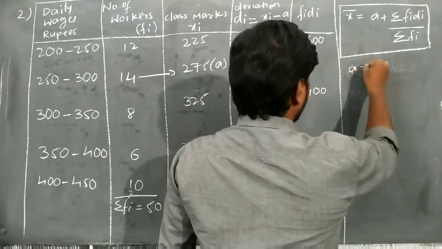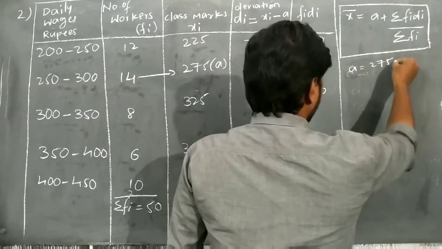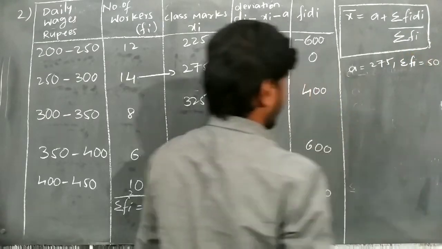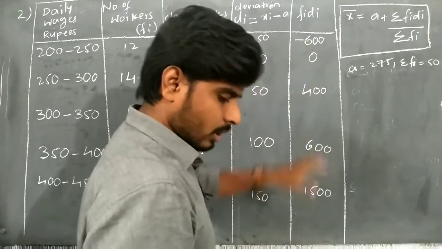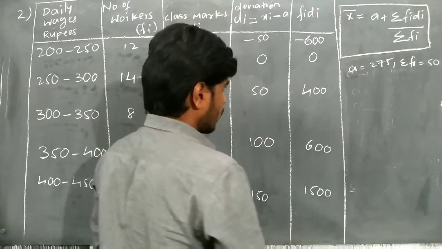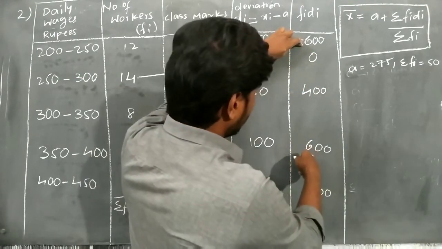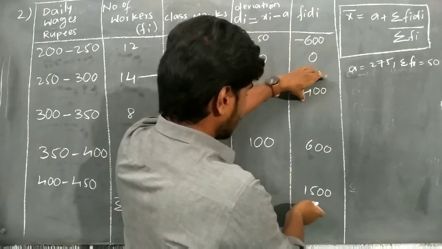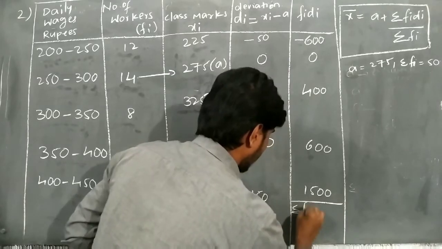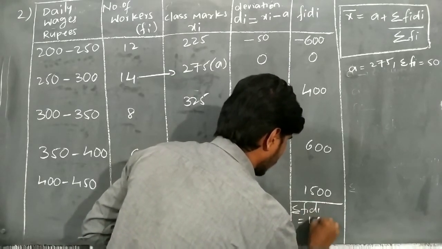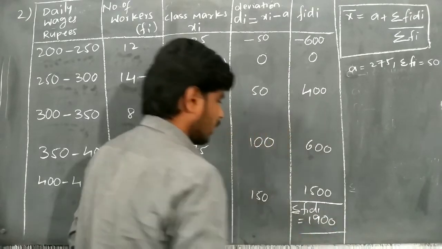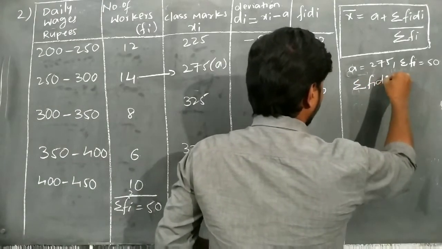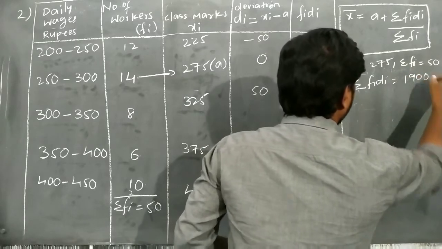So a equals 275, sigma fi equals 50. Now we have to do the summation of this. Here these two get cancelled. Okay, the plus and minus get cancelled, and this remains. So sigma fi di is equal to 1900. Okay, now sigma fi di we got 1900, right?